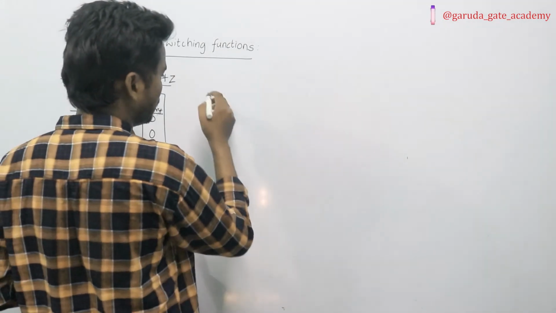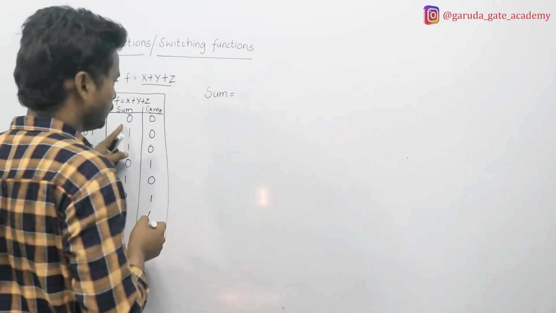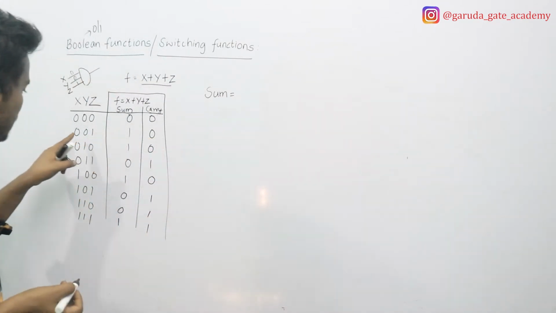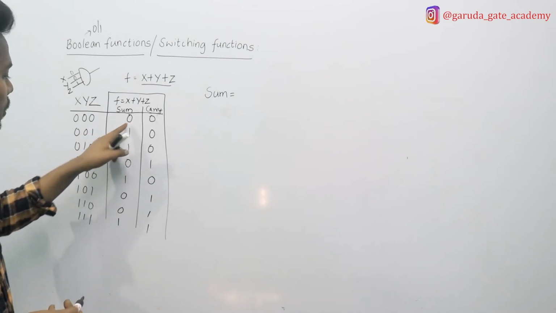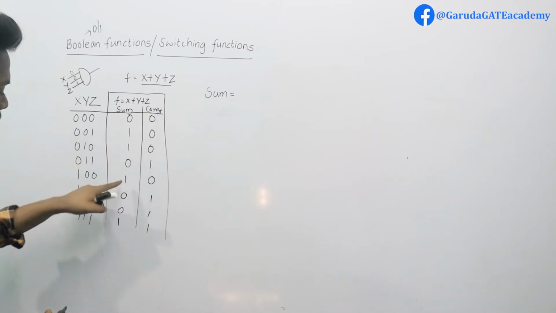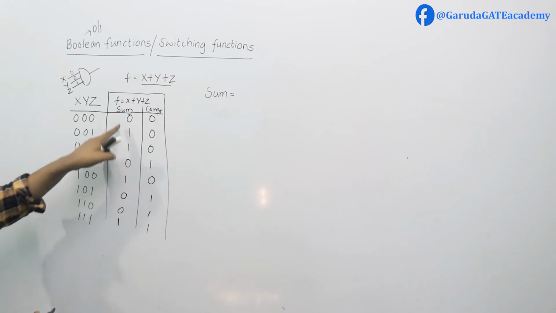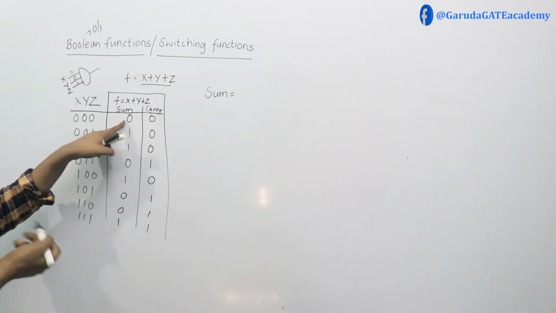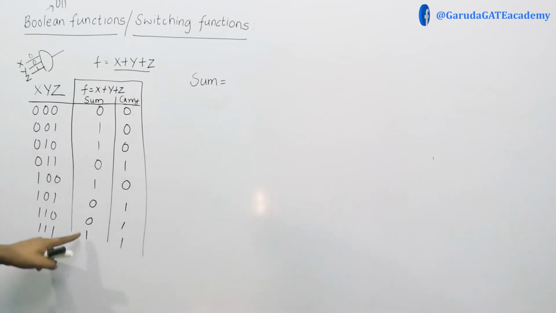Now let us try to write them in canonical forms. For sum, we write only those terms which have 1 in the codomain elements, which means we will be focusing on ones. Why are we not focusing on zeros? Because the circuit will anyway be off when the output is 0.